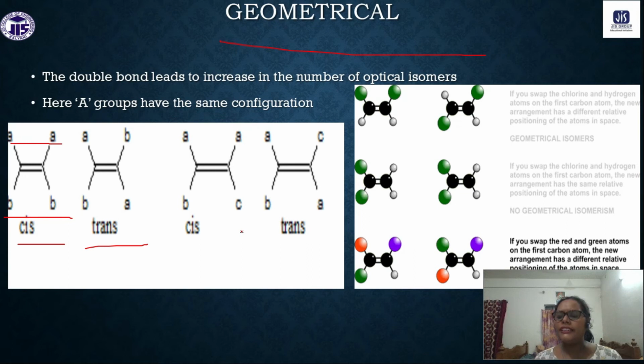Okay, so these are the different factors by which we can tell that this group is our main priority group, and if it is on the opposite side, then it will be trans. If it is on the same side of the double bond, then it is the cis one.